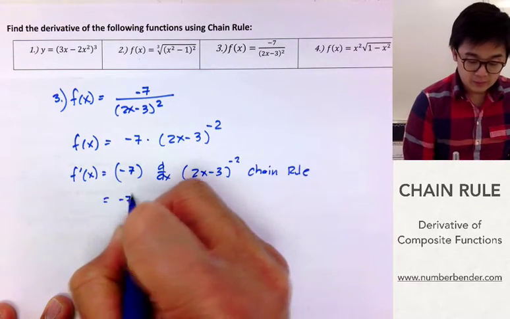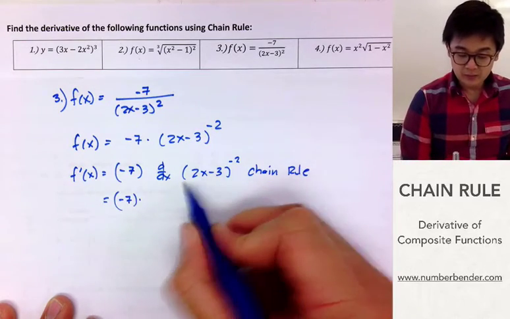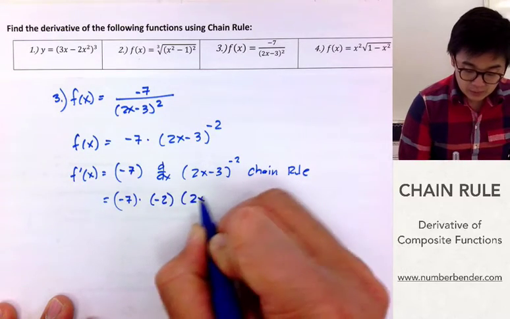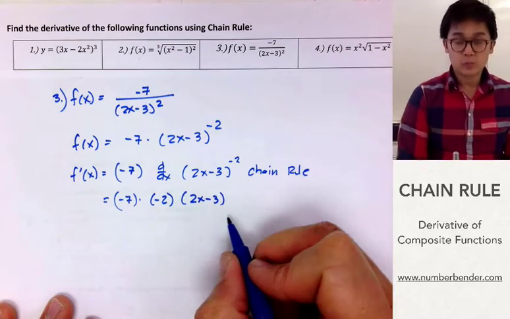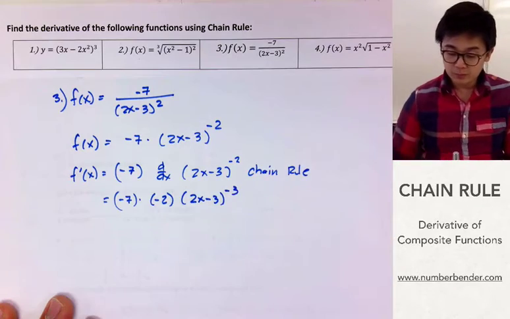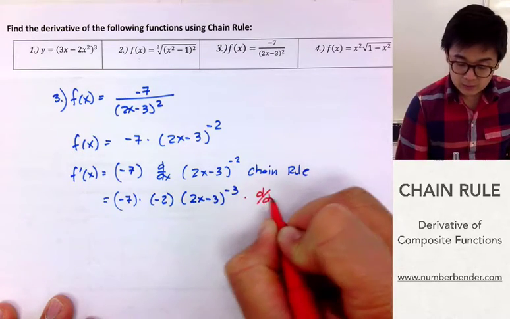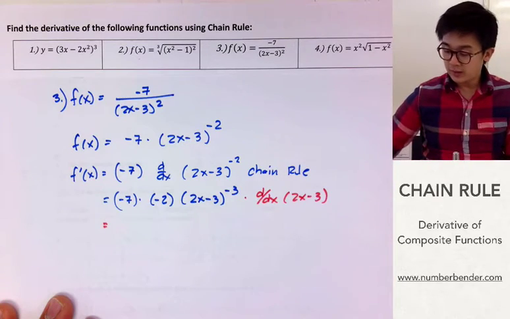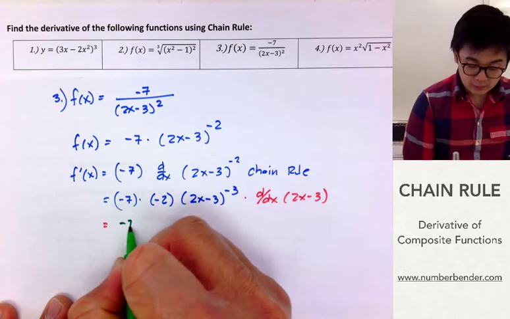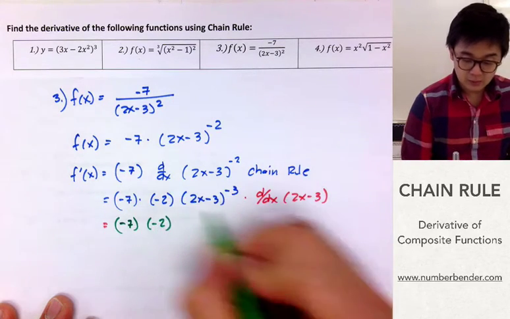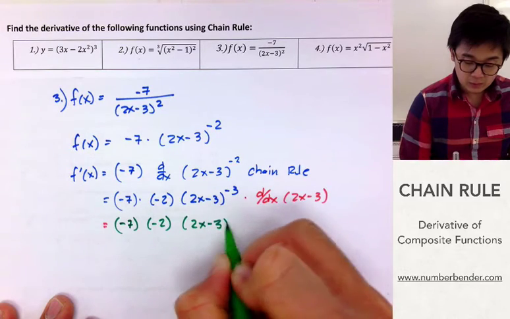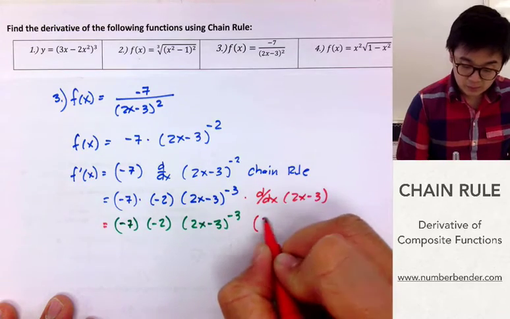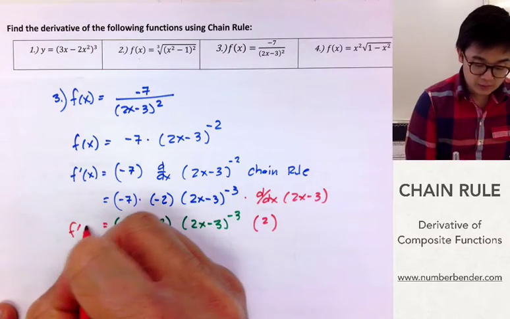So we'll have negative 7 multiplied by the derivative of the composite function, which will be negative 2 times (2x minus 3) raised to negative 2 minus 1, which is negative 3, multiplied by the derivative of 2x minus 3. So to simplify our function, negative 7 will still be here, negative 2 will be here, and (2x minus 3) will also be here, but the derivative of 2x minus 3 will simply be 2. So this is now our derivative function.